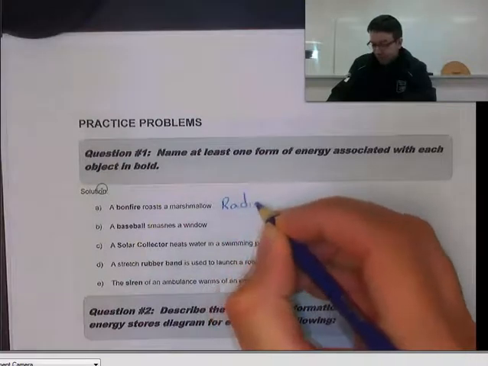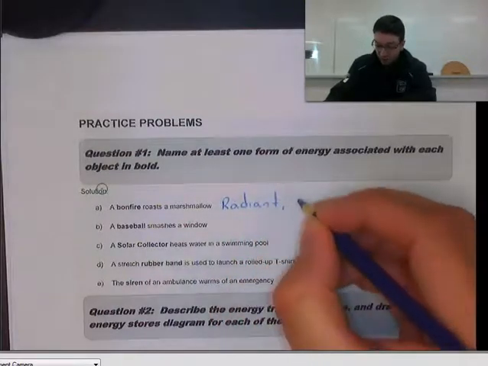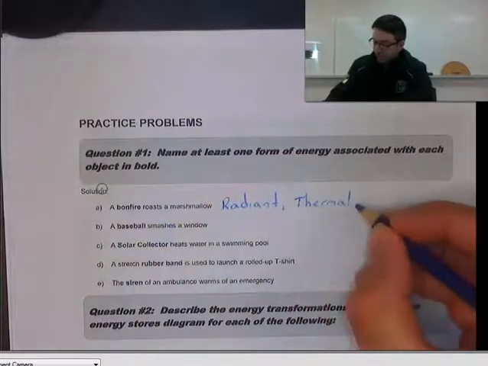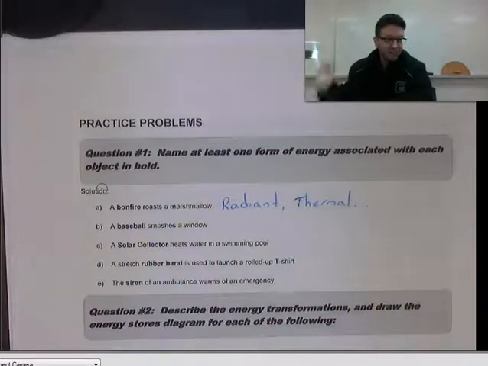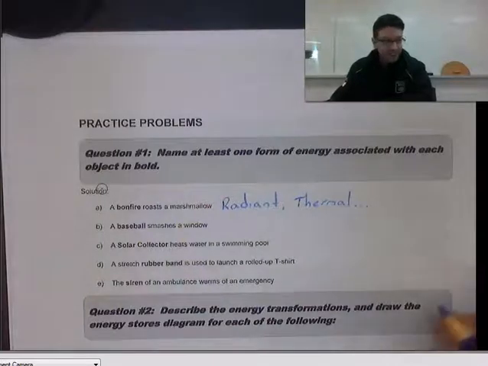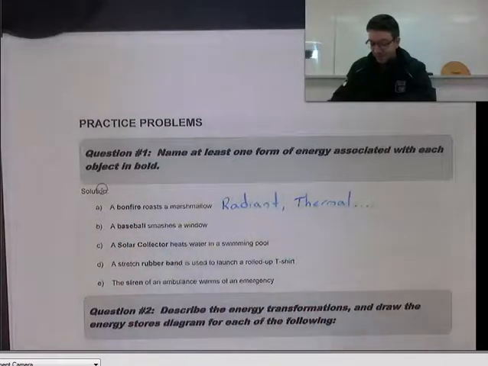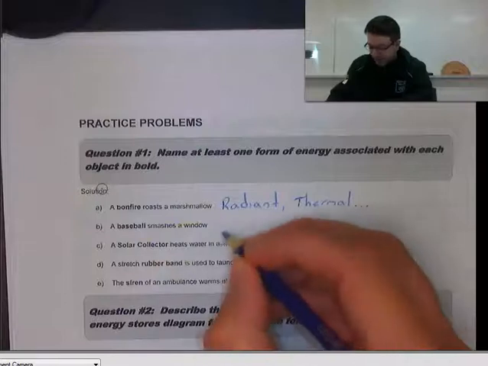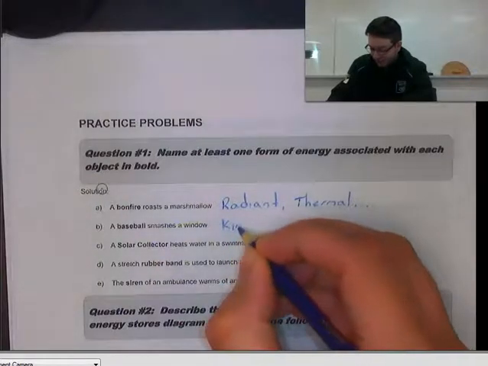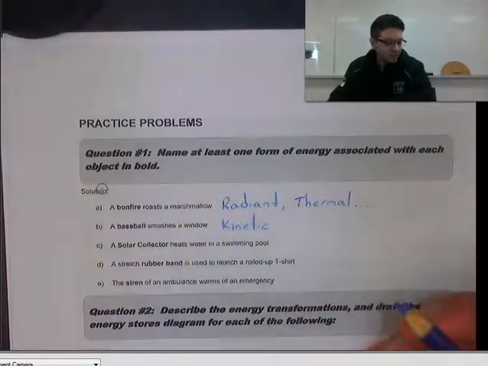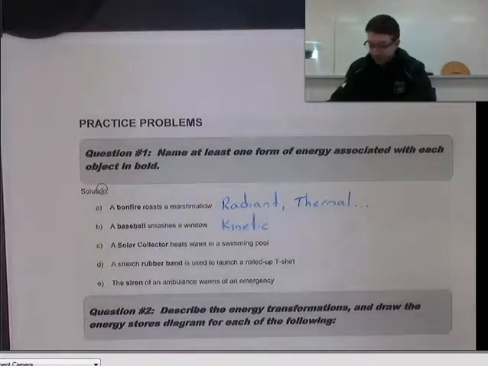But of course, a fire is also hot, so you might also say thermal energy. There's lots of different types. Even that crackling sound that I love so much when a fire burns, you can say sound energy. A baseball smashes a window, so a baseball is moving, so you can say it has kinetic energy. Energy can also cause things to deform or break, so that's the window being smashed.